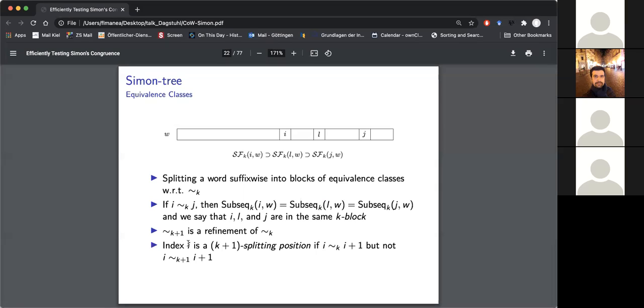Now, an index I, or a position I, is called a K plus 1 splitting position if I and I plus 1 were sim-K equivalent, but I is not sim-K plus 1 equivalent to I plus 1. So basically, these are consecutive positions that were friends up to level K, and suddenly they decided to split at level K plus 1.